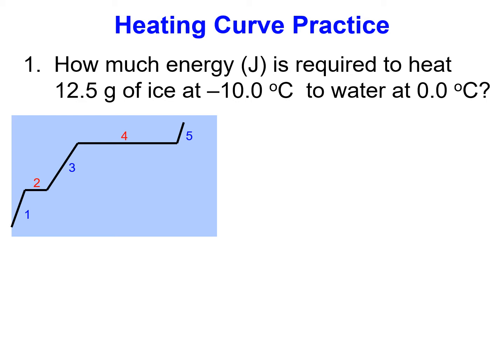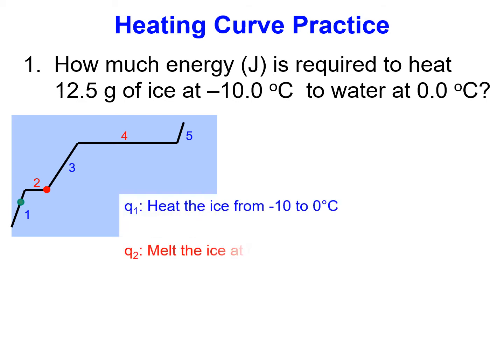All right, let's practice. How much energy is required to heat 12.5 grams of ice at minus 10 to water at 0? So here's your start, 12.5 grams of ice at minus 10, to water at 0, is at this point in the curve.